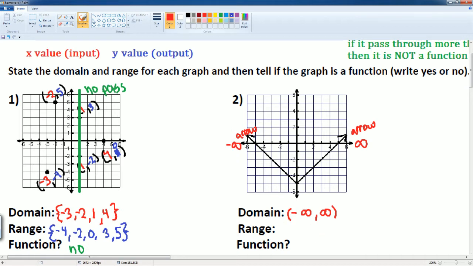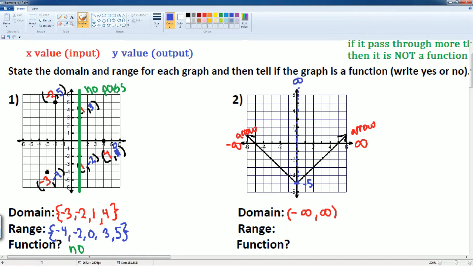Next, let's look at our y values. We always look from the bottom all the way to the top. If I look from the bottom, it looks like this value here is -5. Then we look all the way up, and it looks like it keeps going and going because of that arrow, all the way to positive infinity.